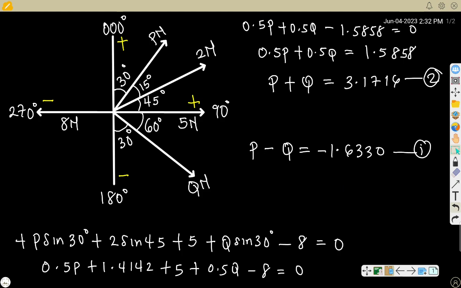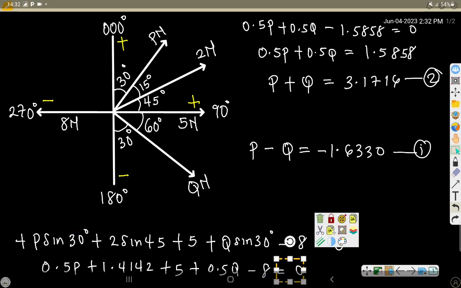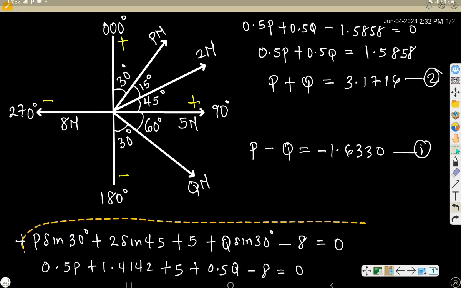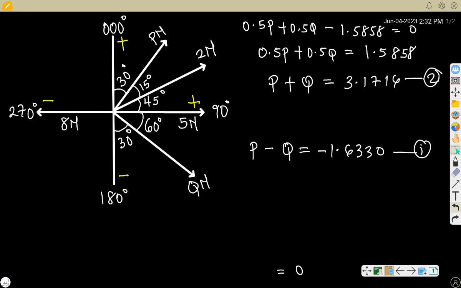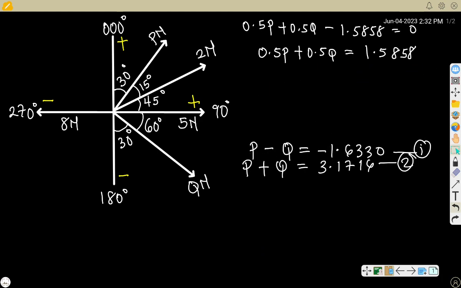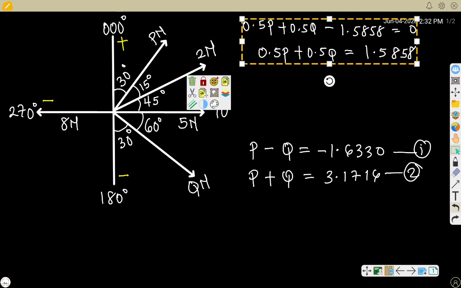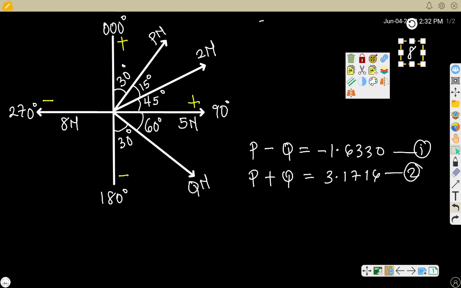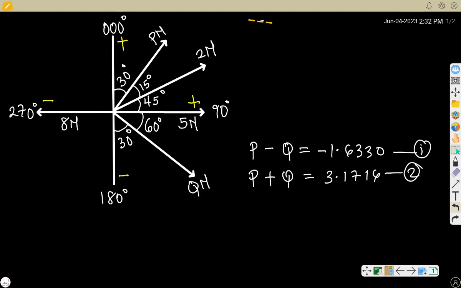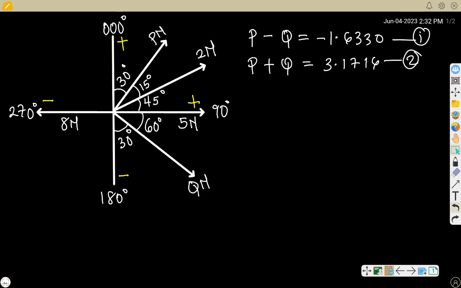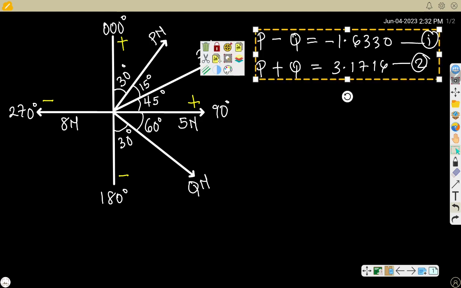So combine the two equations together and solve simultaneously. Anything you get there will be for P and Q. So this is equation 2. Bring it together and solve simultaneously. So this is our equation 1 and 2.